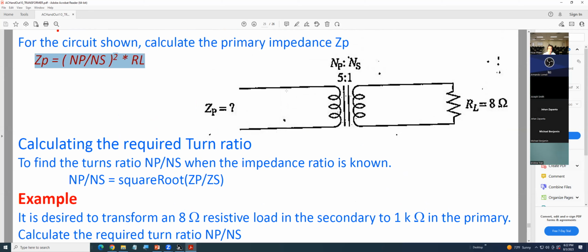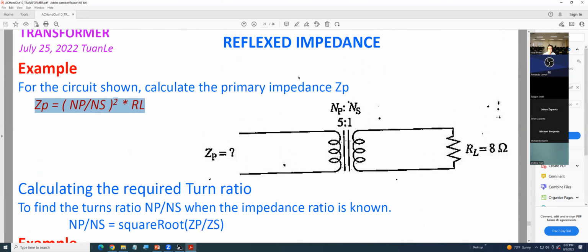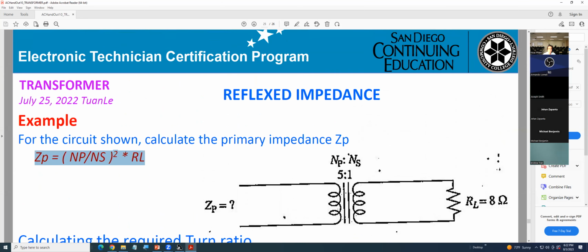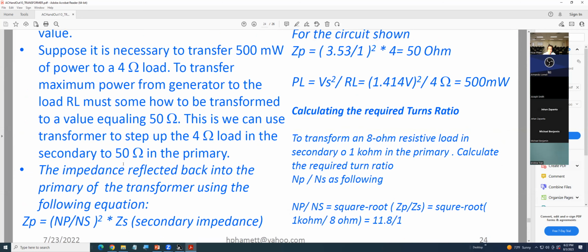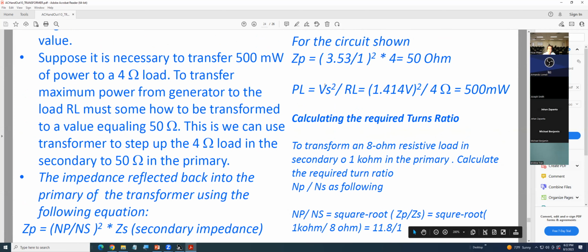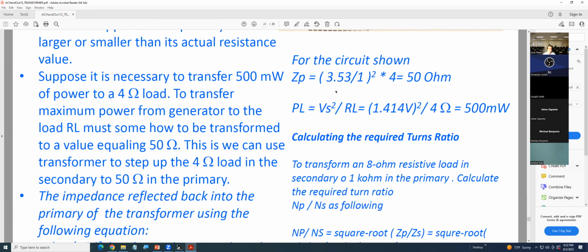And we already know from that one, GP, okay? NP divided by NS squared times GS, the secondary impedance. So GP equals primary divided by secondary squared times GS.